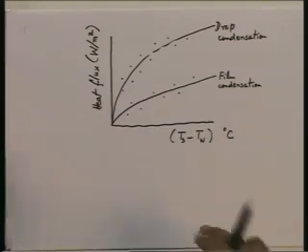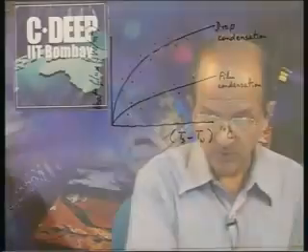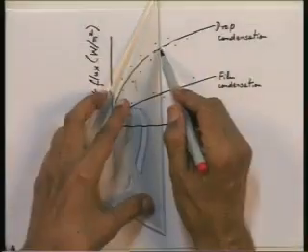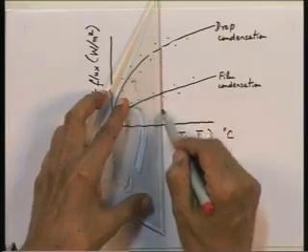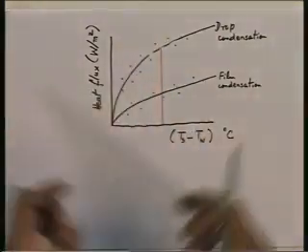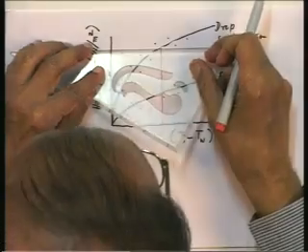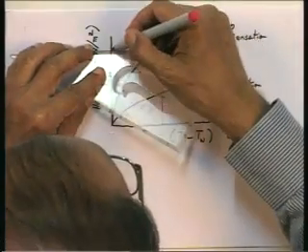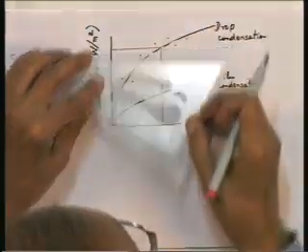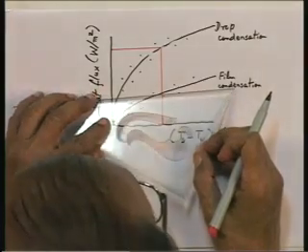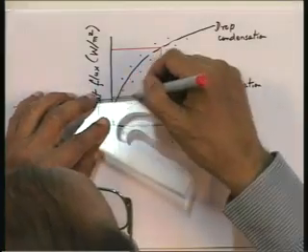What does this mean? What these graphs are showing is, for a particular temperature difference, the heat flux during dropwise condensation would be so much, and for the same temperature difference the heat flux during film condensation would be so much.